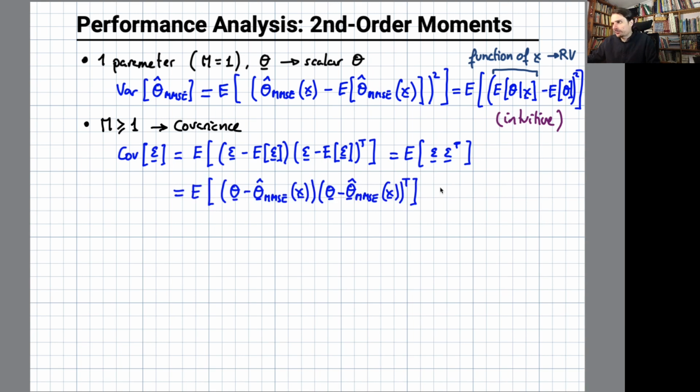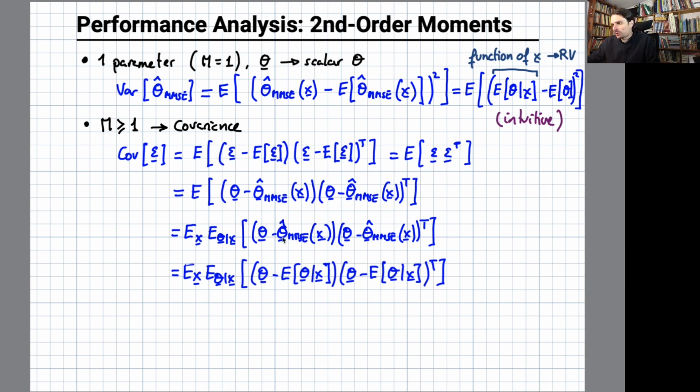So just by the definition of the error, we arrive at this expression, and by the second fact from the previous slide, this expectation with respect to both x and theta can be written as the expectation over x of this conditional expectation given x, right?